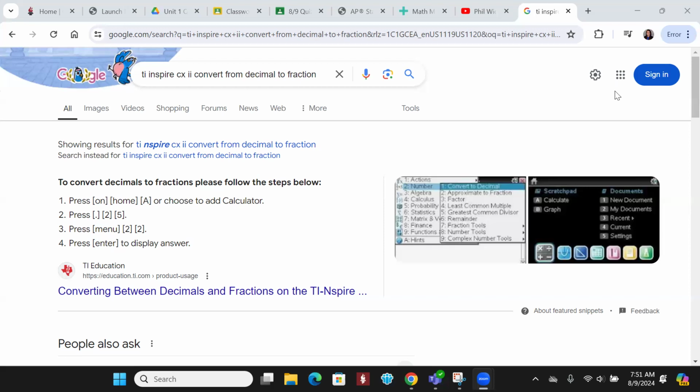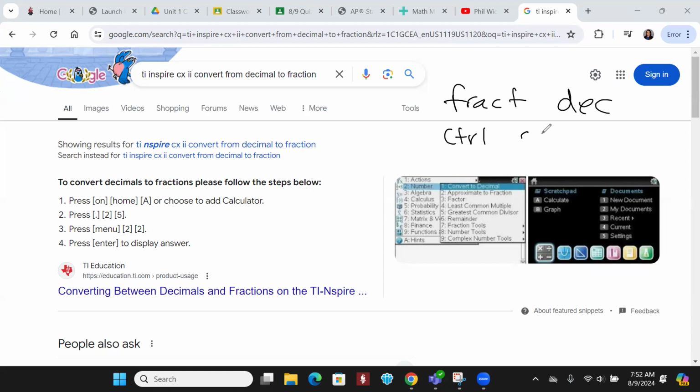Now, if you're going from fraction to decimal, you're going to hit control. And then there's a little bar at the bottom. Is it enter? Is that the actual button?